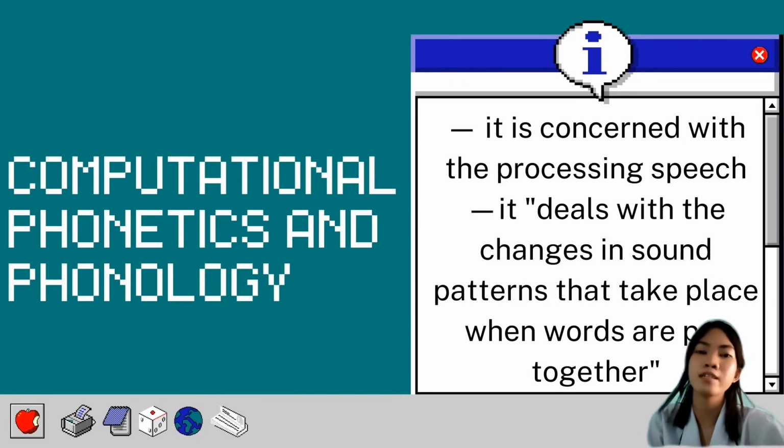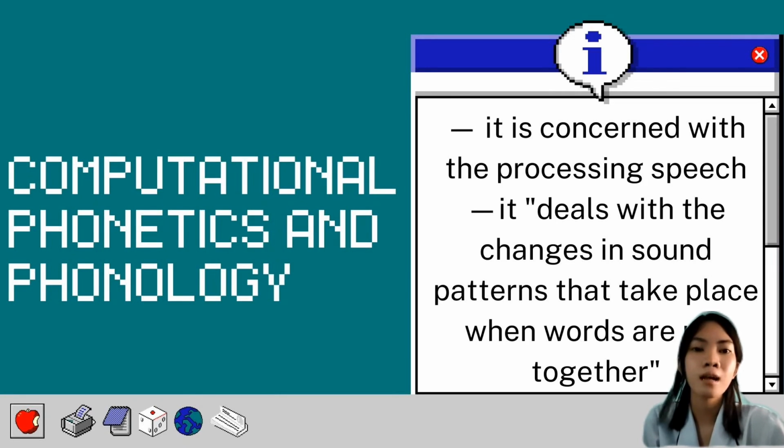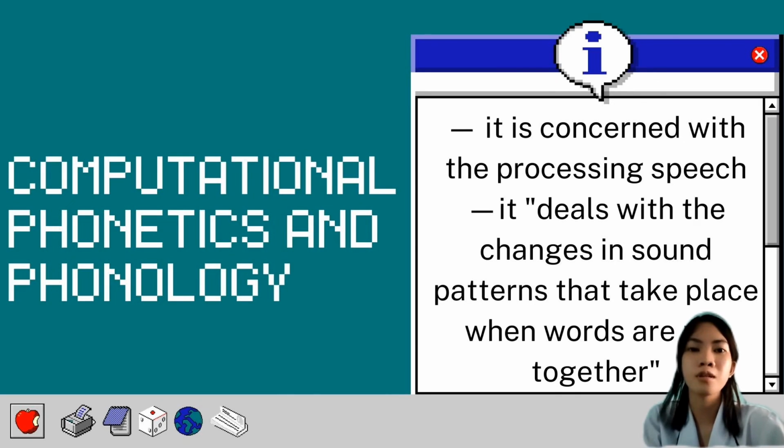So how are these words put together in computer software? Here we're going to analyze how the words are input to the computer, if it can recognize or understand the words that we are saying through the computers or the apps.